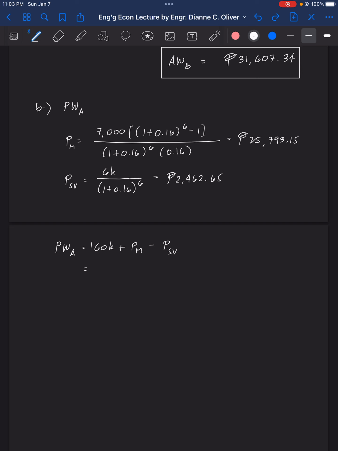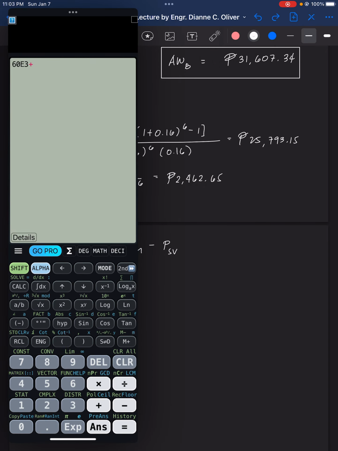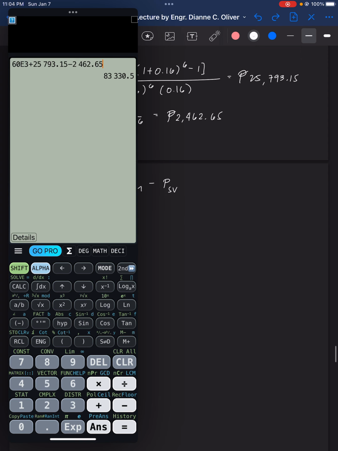So what is now the present worth of A? 60,000 plus 25,793.15 minus the salvage value 2,462.65. So that is equal to 83,330.50.